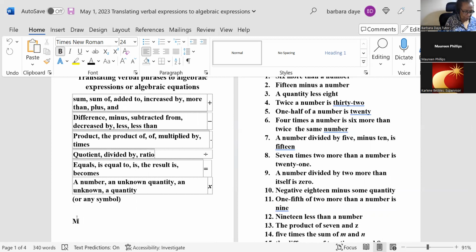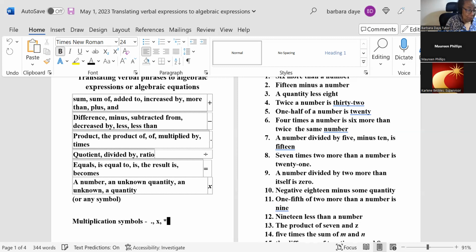So, multiplication symbols. You could have a dot. You could have an X, like you said, for times. What else?